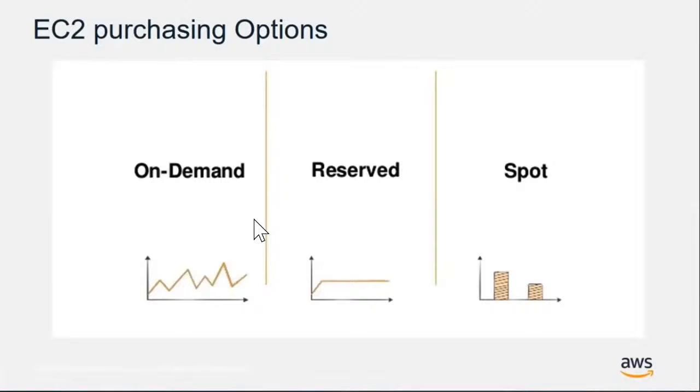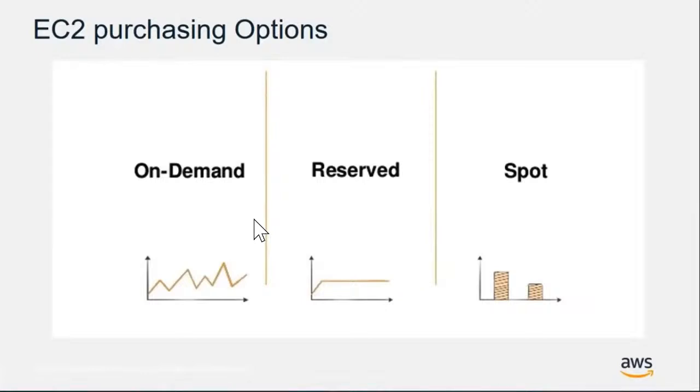The discounts could be between 30 to 70%, depending on the term of the instances and the volumes you are willing to commit to. We have to be committed and do things properly on time.